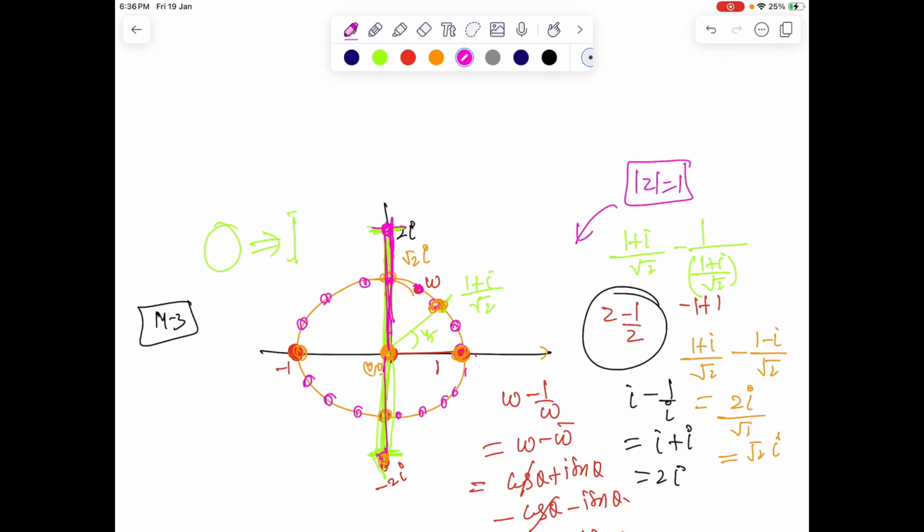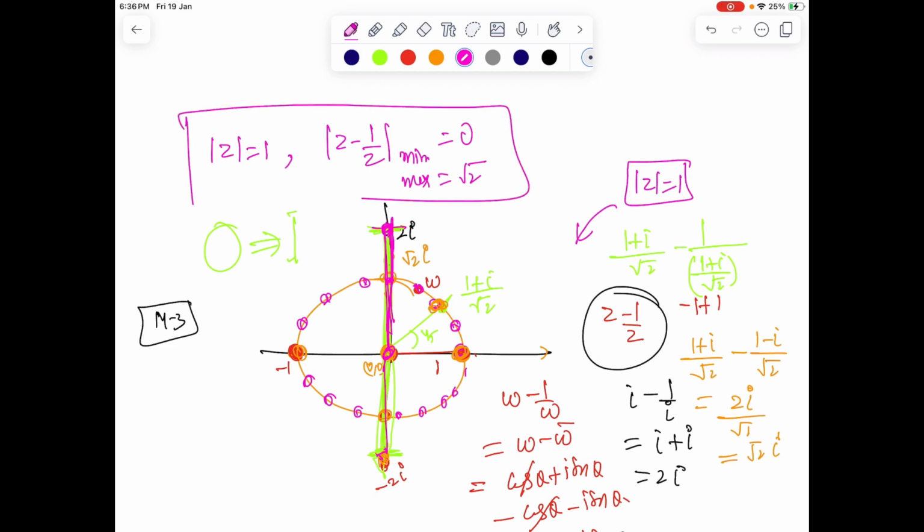This I have solved for mod z equal to 1. You can clearly see that if the question had been mod z equal to 1, then the minimum magnitude of z minus 1 by z will be 0, and the maximum magnitude will be root 2.